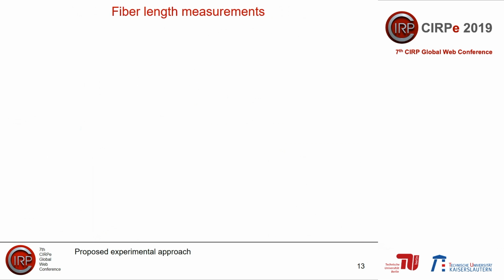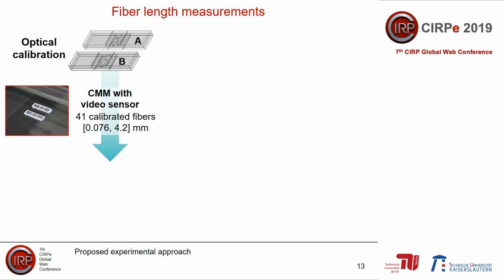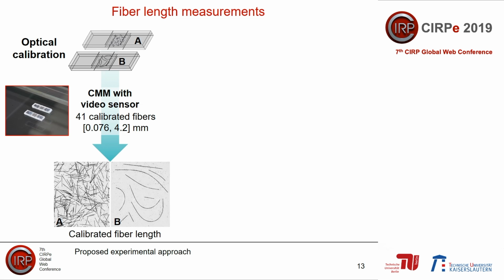Subsamples A and B underwent optical calibration of the fiber length. In particular, a total of 41 fibers belonging to both subsample A and B were calibrated by means of a coordinate measuring machine equipped with the imaging probing sensor. The 41 calibrated fibers have lengths ranging between about 0.076 mm and 4.2 mm and different configurations.